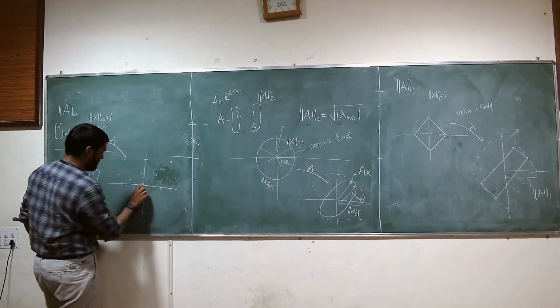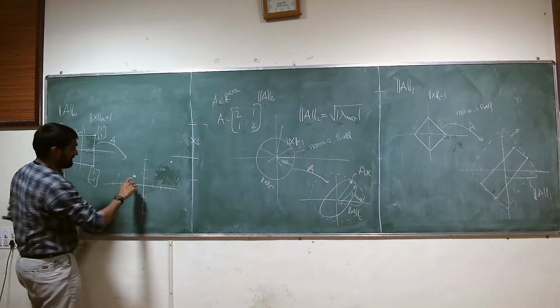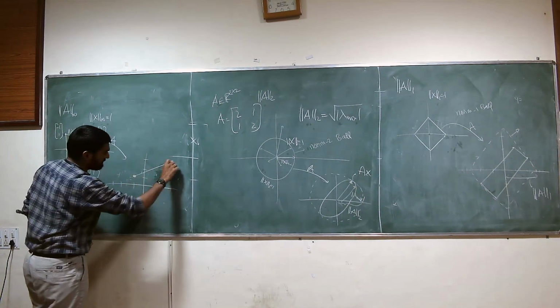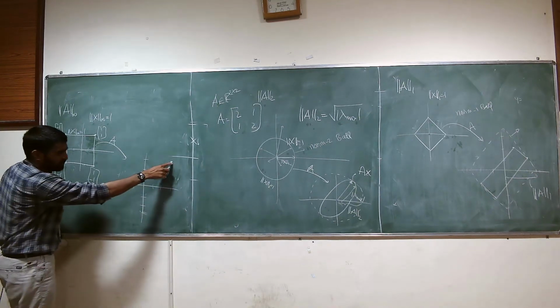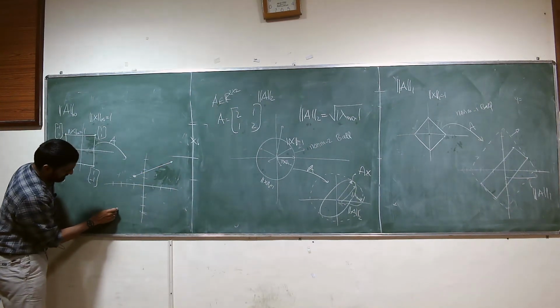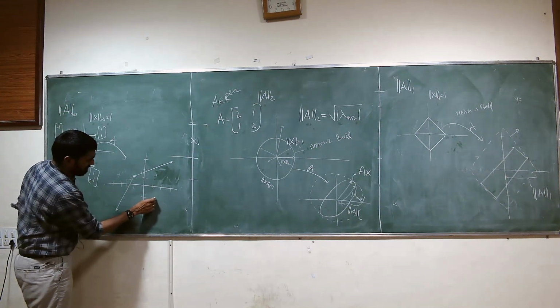So this will get mapped to here. Oh, in fact, minus 1, 1 is an eigenvector of that because this gets mapped to this. What about minus 1, minus 1? That will get mapped to minus 3, minus 3. It's here. And by symmetry, I think this will be here.